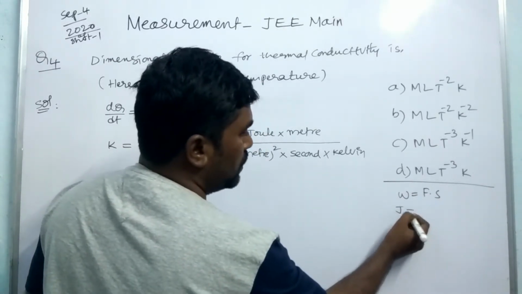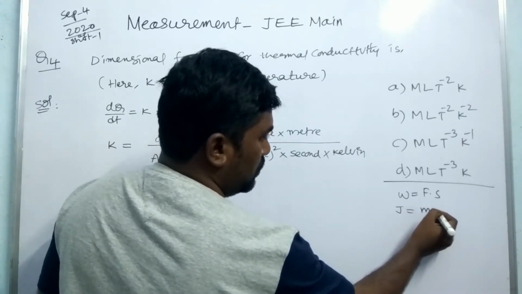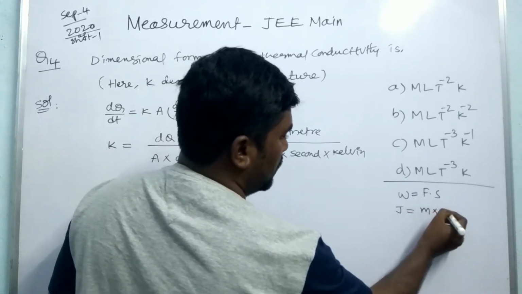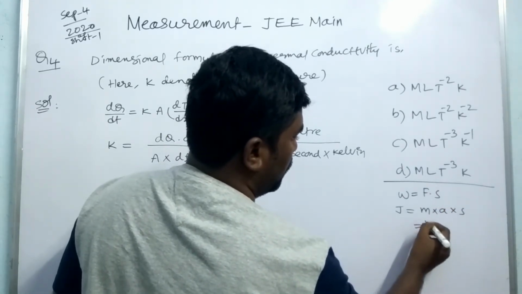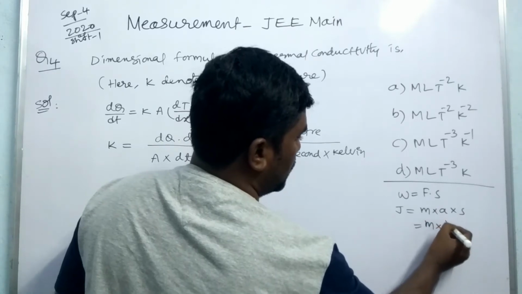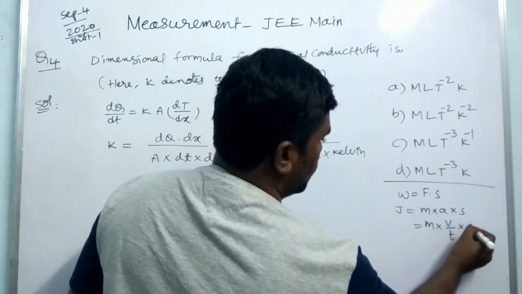So therefore joule is equal to force, that is mass into acceleration, into S. So mass into acceleration is velocity by time, into displacement.